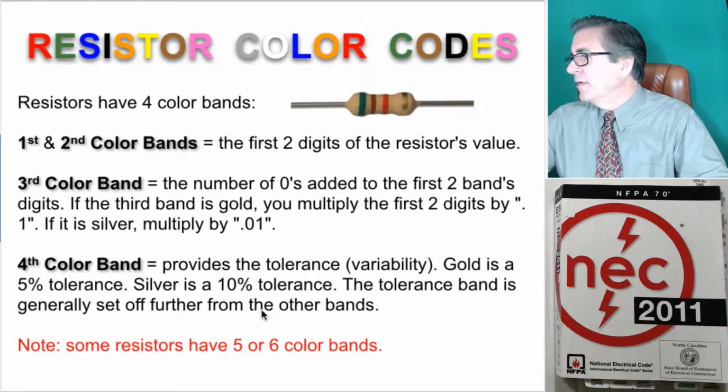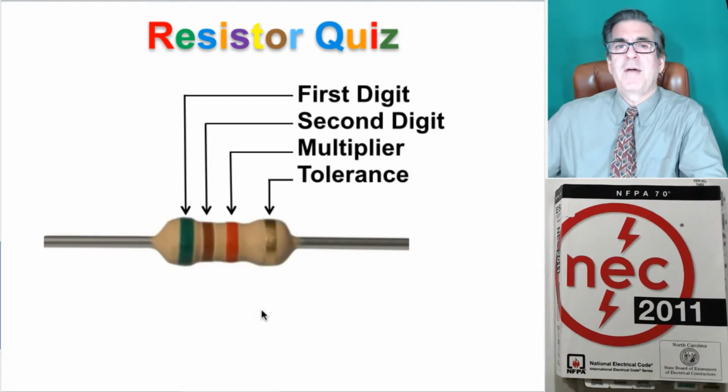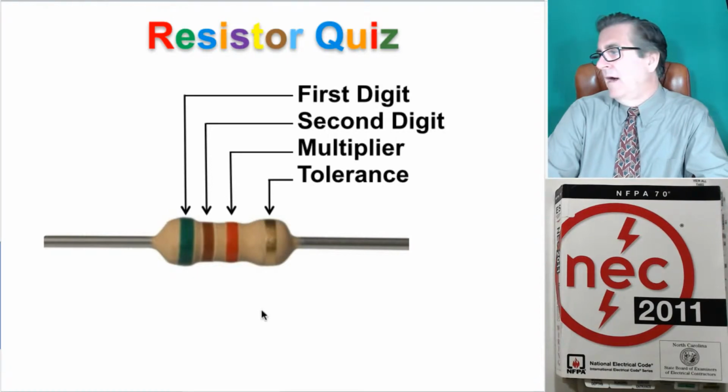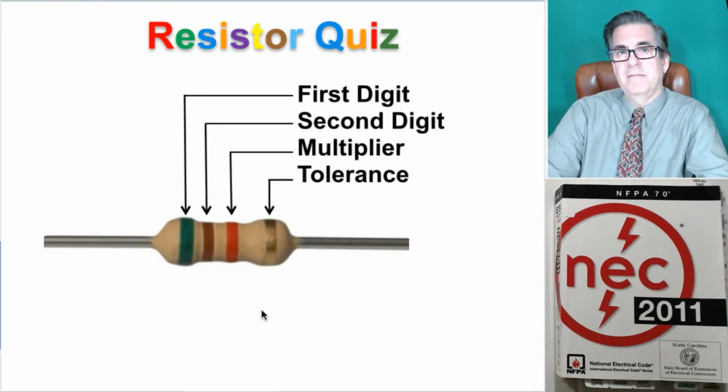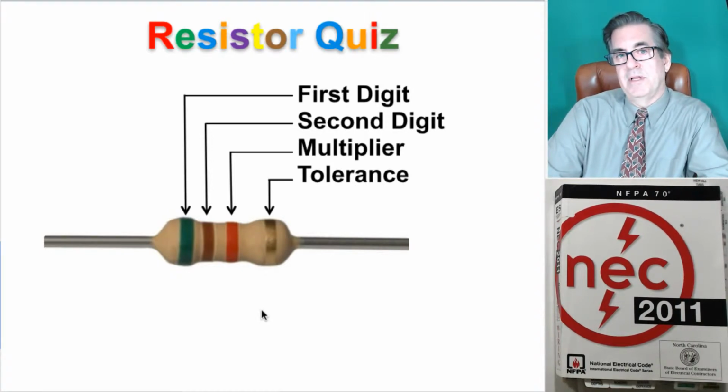So let's take a quicker look at this here. You can see here, this gives you a real good defined example: the first digit far left, then the second digit, then the multiplier, and then the tolerance. Now some resistors have more than just 4 bands, and that's if they're going to define it a little bit more. They might have 4 bands on the left and then 1 band on the right. You could have a 2% tolerance, which would be less variability on that resistance value.